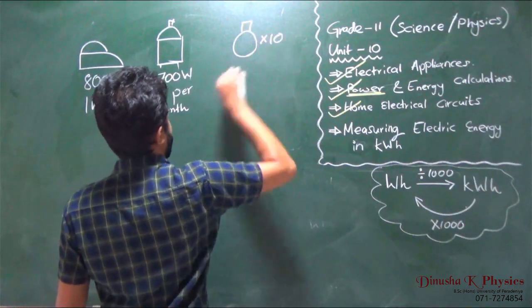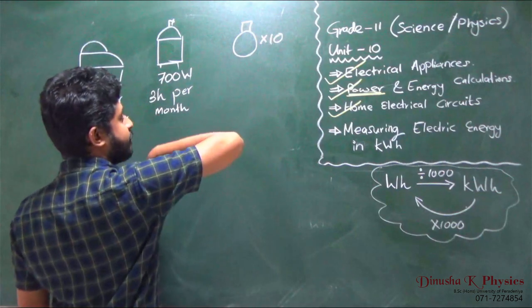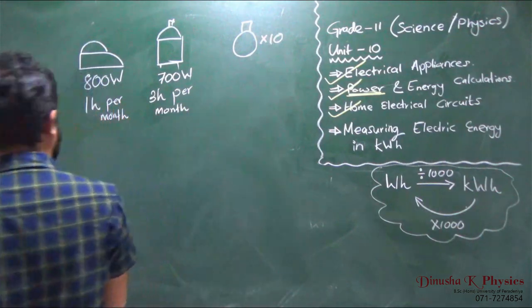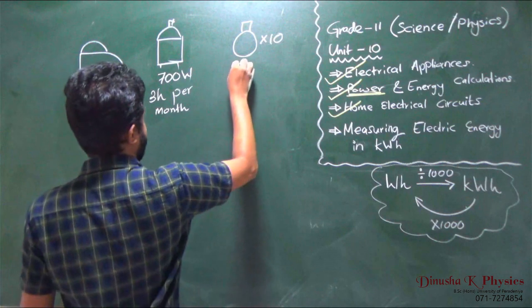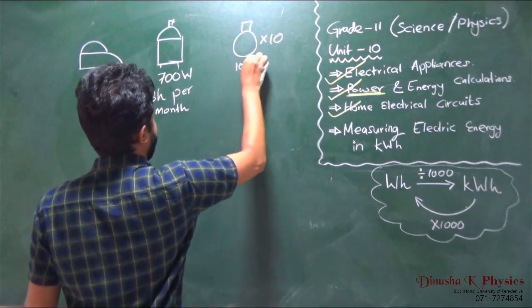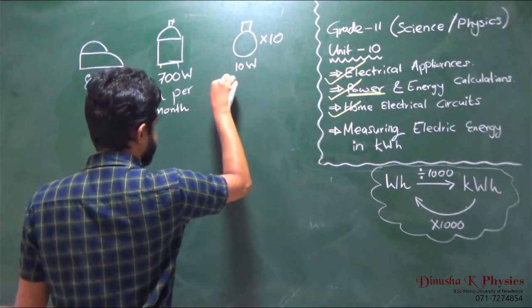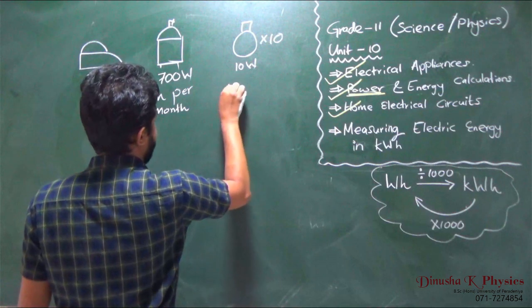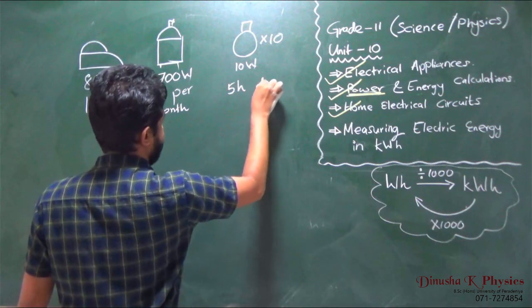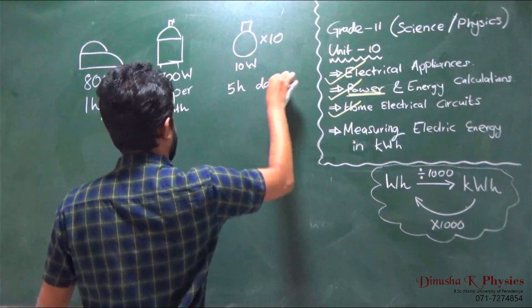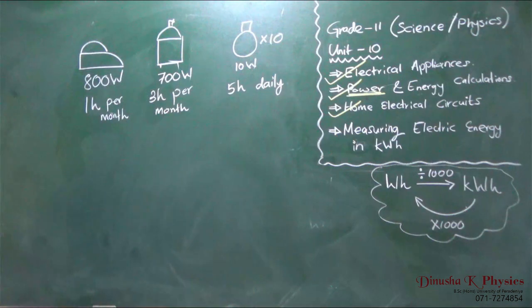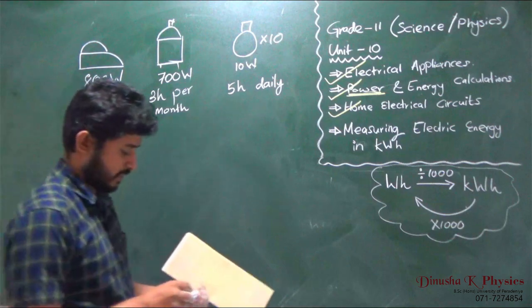And again you have, let's say, 10 LED bulbs with 10 watt power, and it is used for 5 hours daily. So now you have 3 appliances.